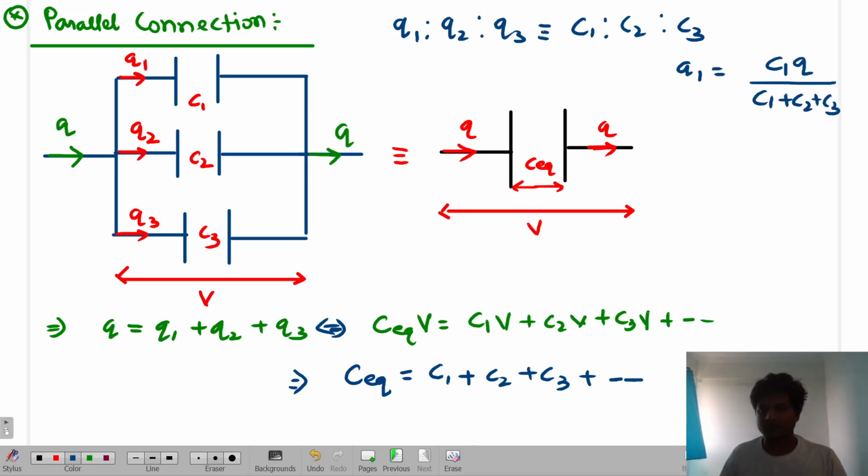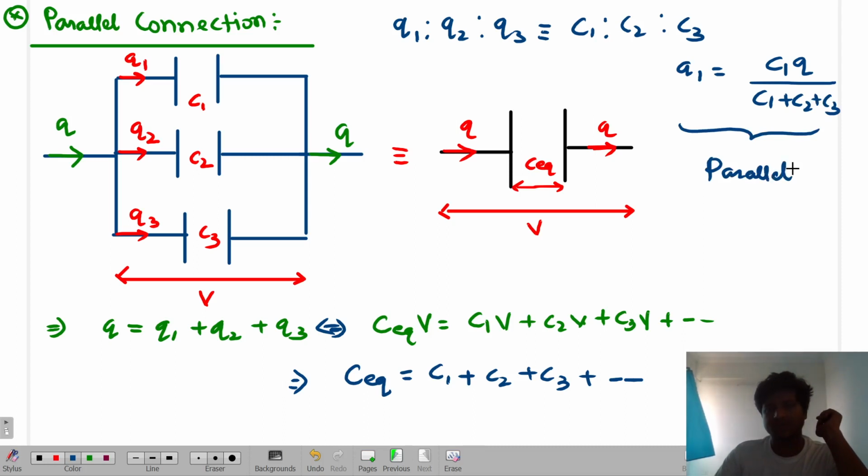This is only for parallel connection, because in series connection, charges remain same.